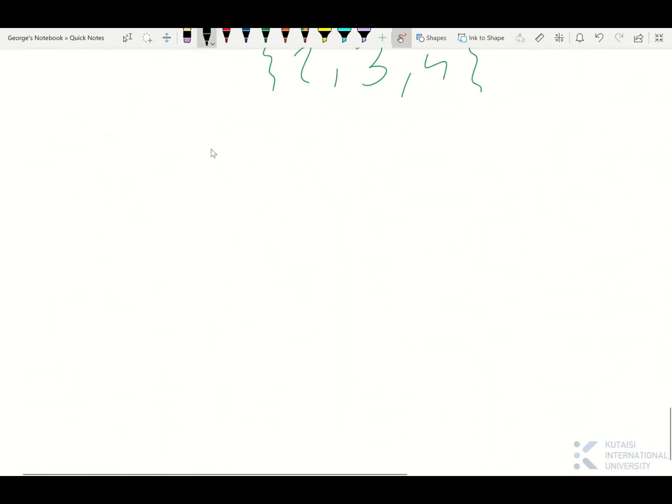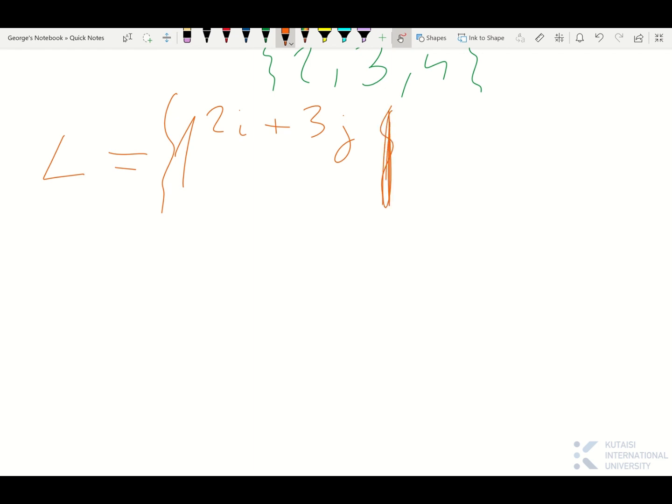Let's start with an easy example. Let's look at that language that we had before, but instead of 7 and 25, let's take something easier. Let's take 2 and 3: 2 to the power i plus 3 to the power j, where i, j are natural numbers.